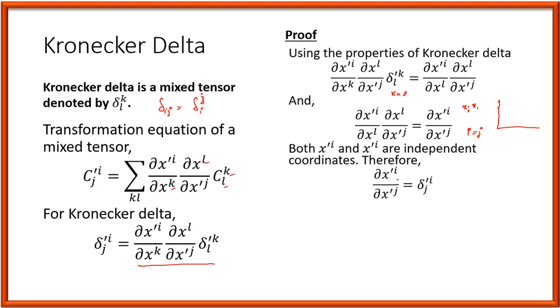So this can be written as delta ij dash, because this happens only when i and j are equal.